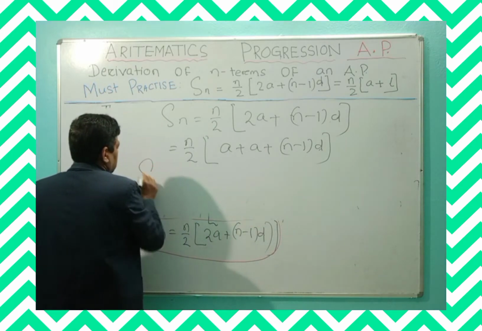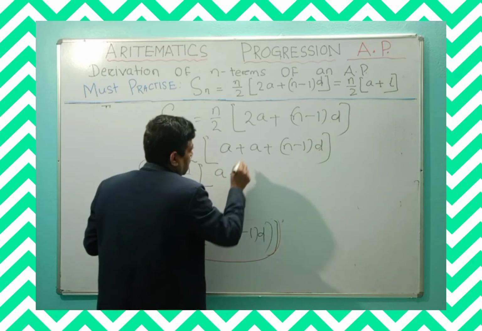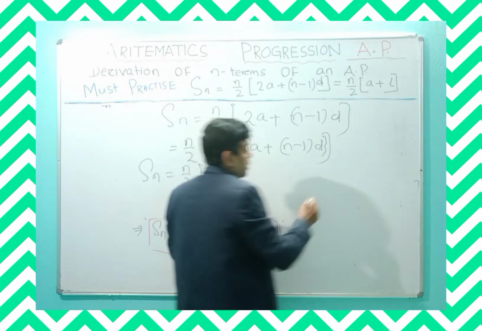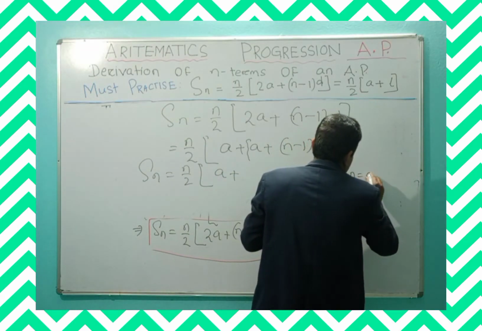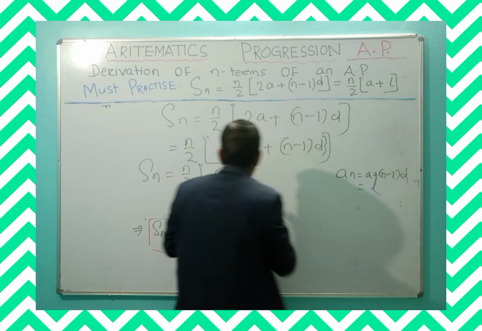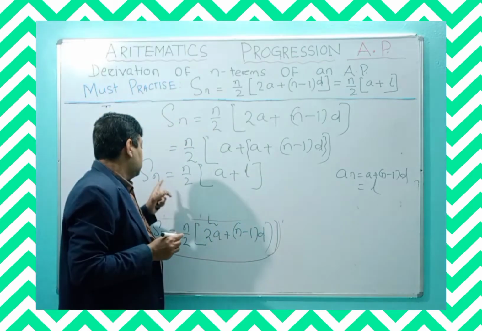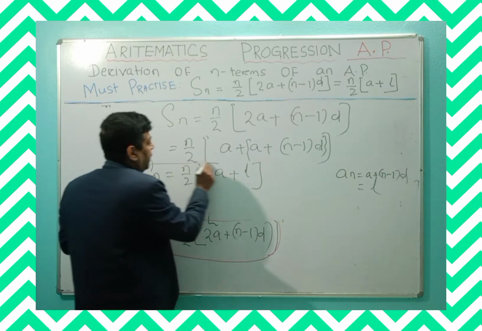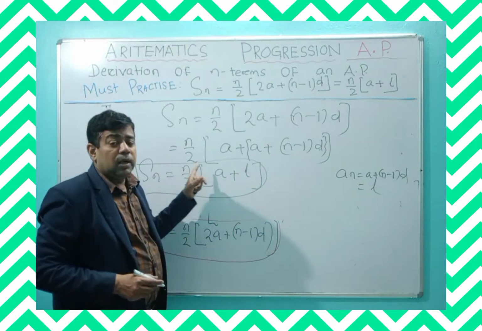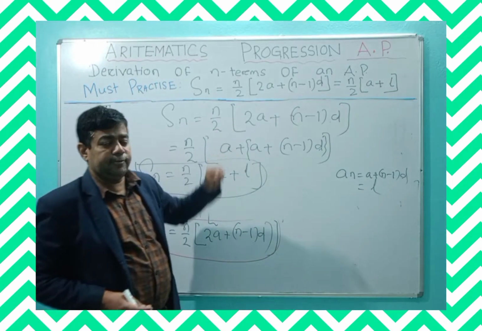So Sn is equal to n by 2 into a plus, and this a plus n minus 1 into d is the nth term, the last term. We can write l in its place. So this formula can also be useful to find the sum of n terms of the AP if the number of terms n is given, the first term is given and the last term is given.